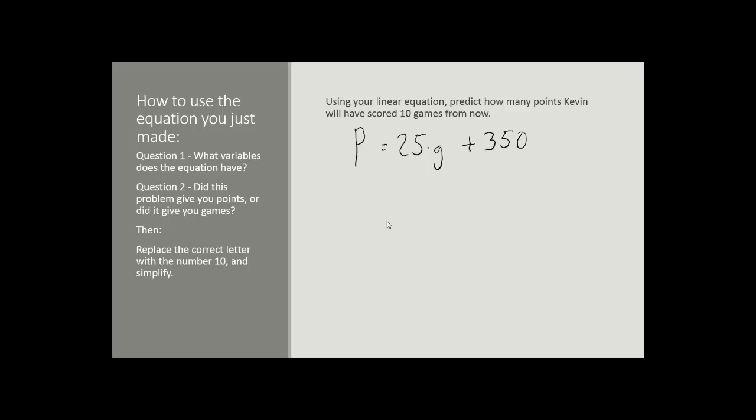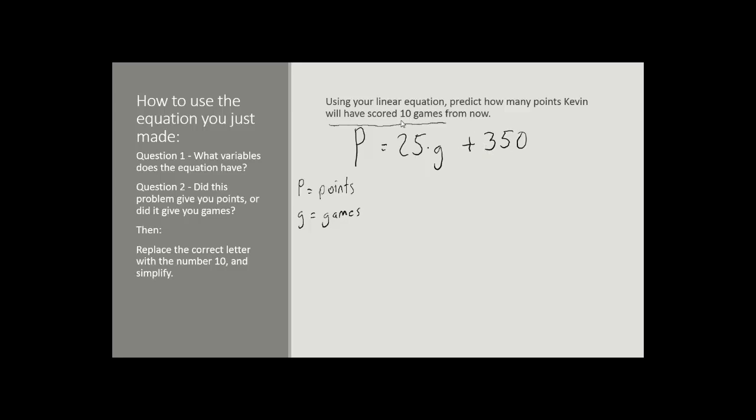Now we'll answer a second question using the linear equation we just got. It says to predict how many points Kevin will have scored 10 games from now. So that 10 has to go somewhere in the equation. Let's quickly remind ourselves what each letter means. P was the number of points scored, and G is the number of games he's played.